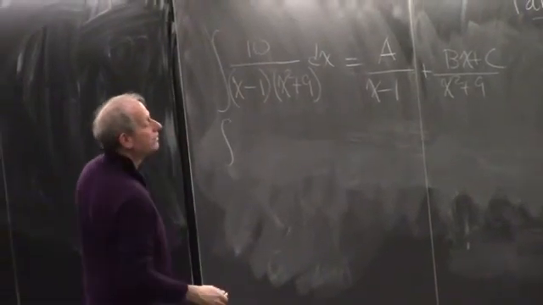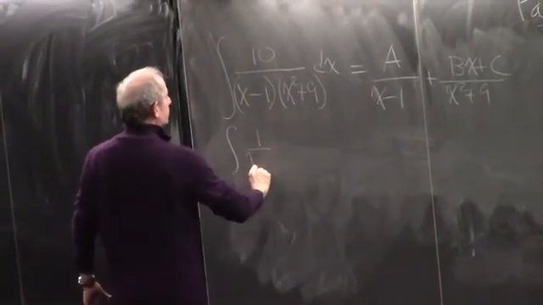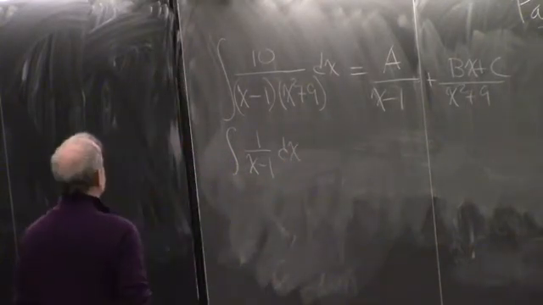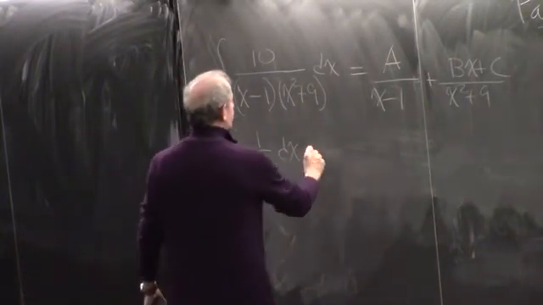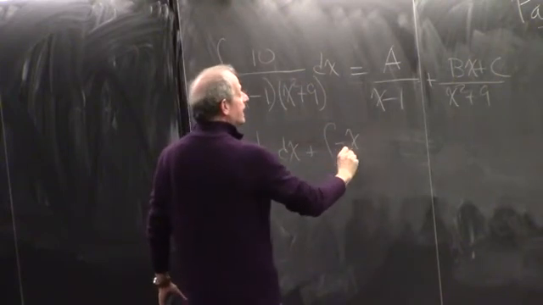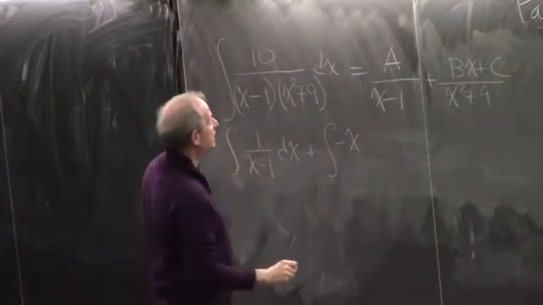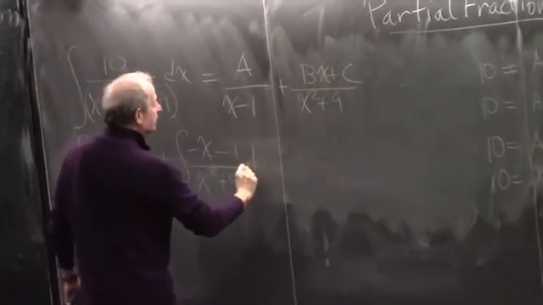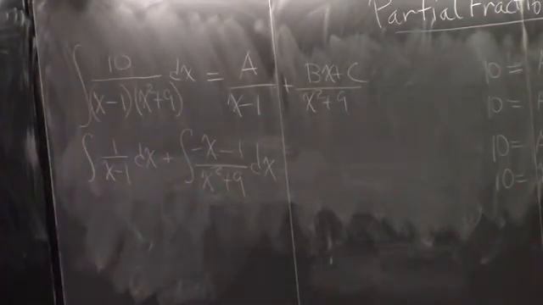I now have to find the integral of 1 over x minus 1 dx, plus the integral of negative x minus 1 over x squared plus 9 dx. I'm not even close to done.